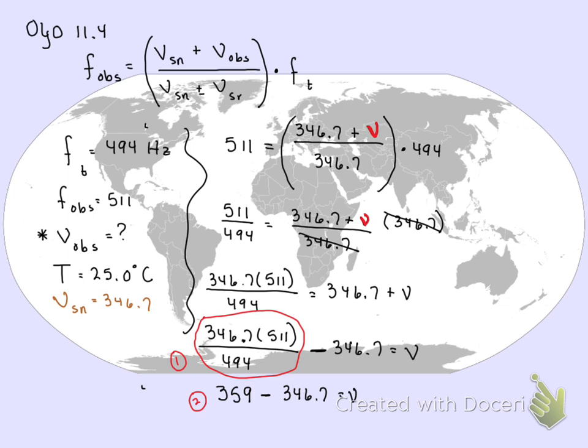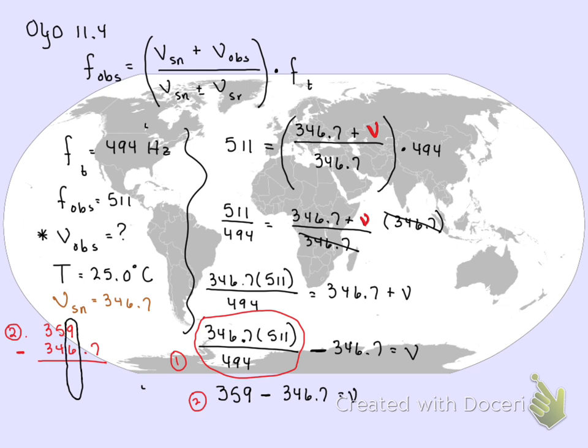So, for rule number 2 over here on the far left, we will stack these: 359 minus 346.7. And when we stack these, it makes it easier for us to determine where the significance needs to be, which is right here. Okay?